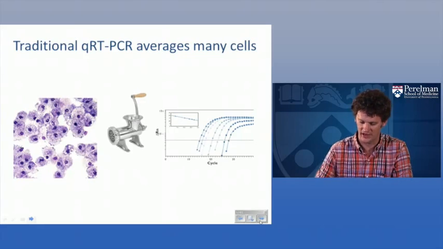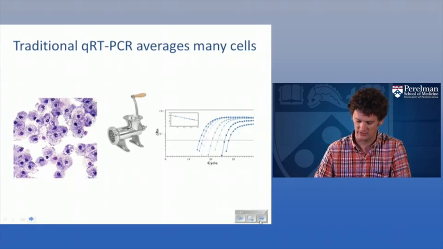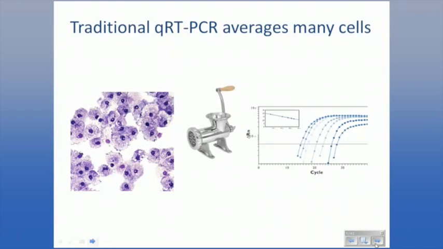You have basically the PCR reaction versus time measured in number of cycles, and the earlier that PCR product reaches a particular threshold, the more starting template material there was in your population of cells. And so you can get quantification this way, well within twofold in terms of the reliability of the measurement between individual samples, which is, of course, much lower than the levels of biological variability you can have.